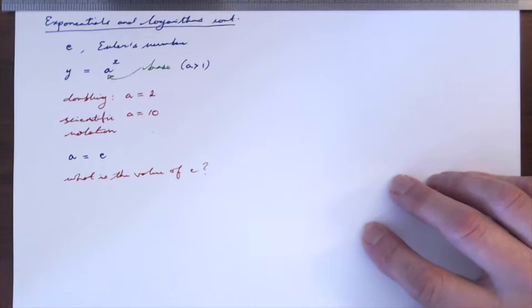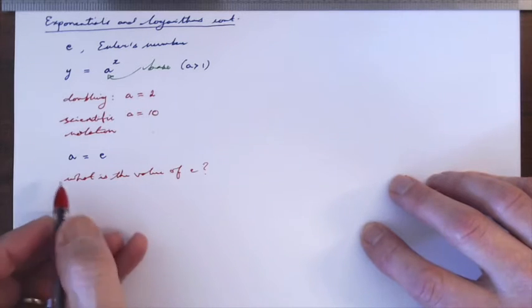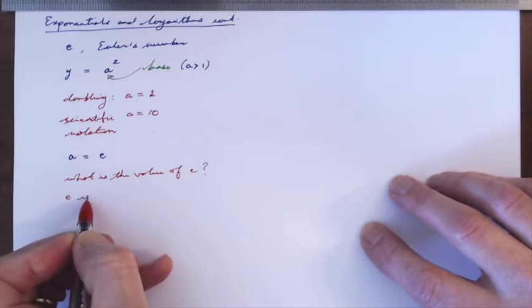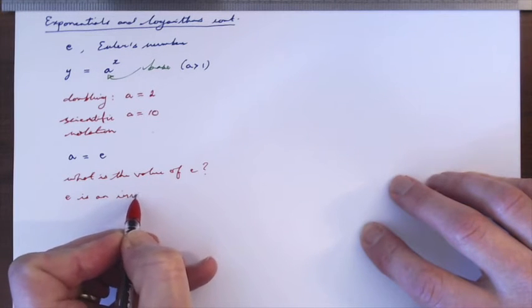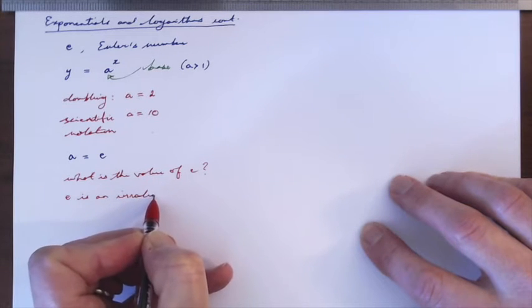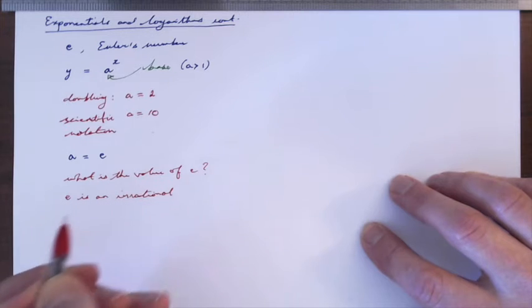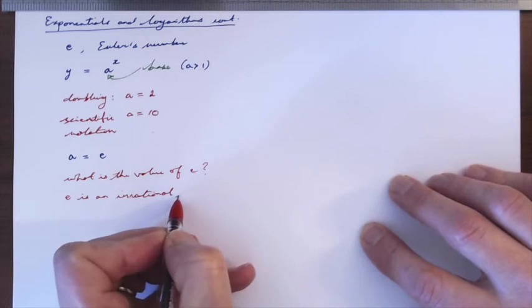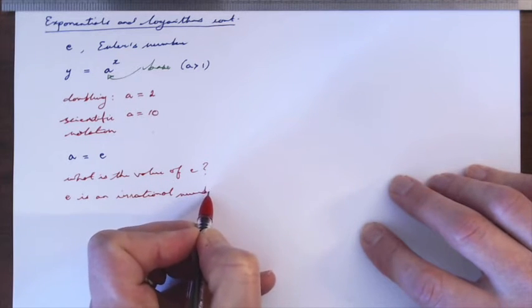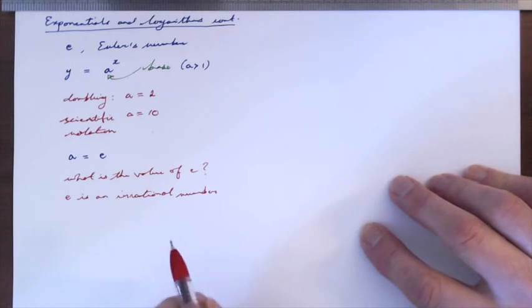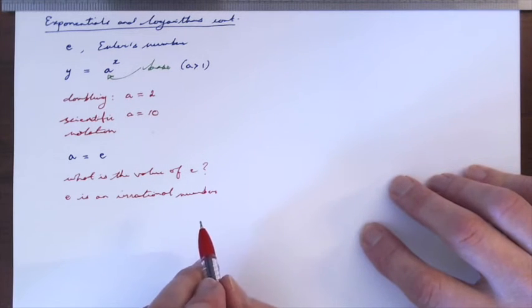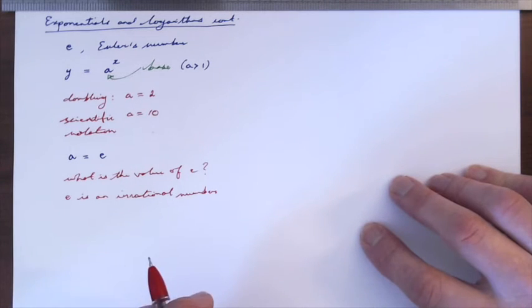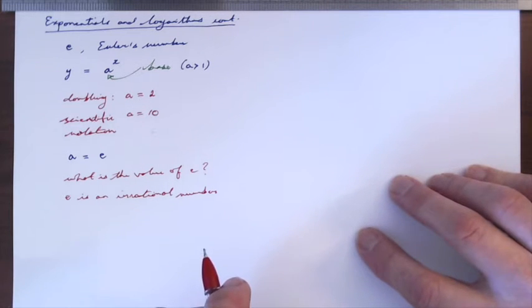Well, I can tell you first of all that e is an irrational number, so it's not an integer, and it's also not a rational number. It cannot be expressed as the ratio of two integers. It's also what's called a transcendental number, meaning it can't be found as a root of a finite polynomial.